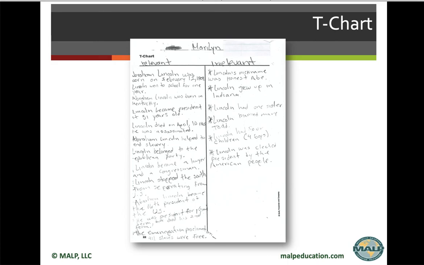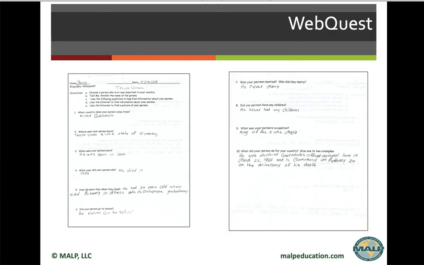Now, the culmination and most exciting part of this project is about to come. This is the last one I'll show you. Another web quest. Remember the other web quest they did as a group, and it was Lincoln, and the sites were selected. Now, every student had to find a great hero or heroine from their country, somebody that they could find out about.